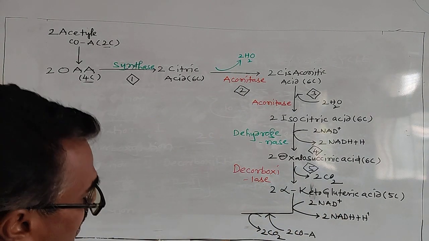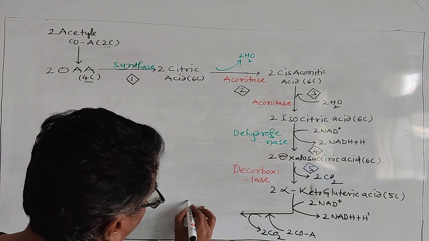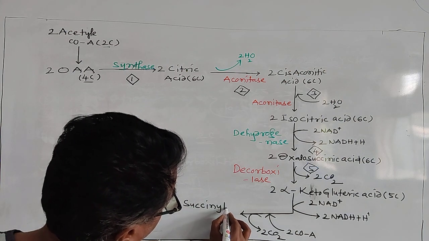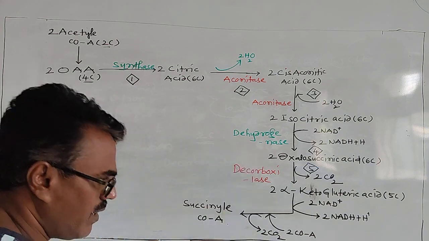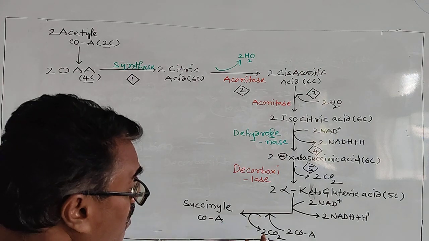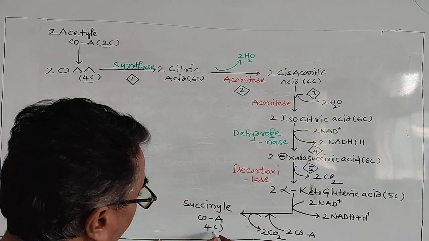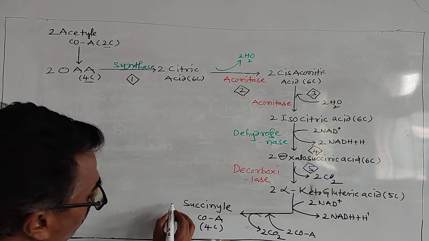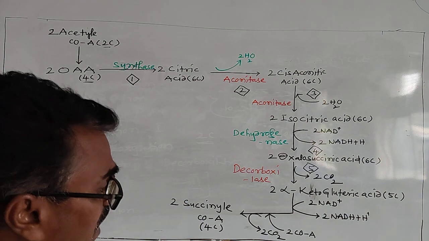Then finally resulting in the formation of succinyl coenzyme A. The carbon number of succinyl coenzyme A is very important: it is a 4 carbon compound. How many succinyl coenzyme A form here? 2 moles of succinyl coenzyme A form.